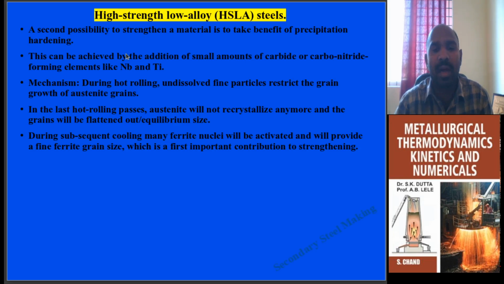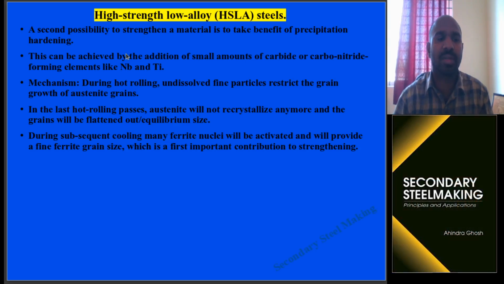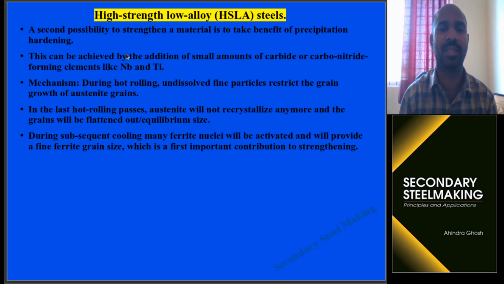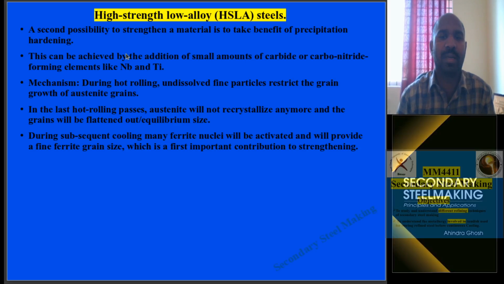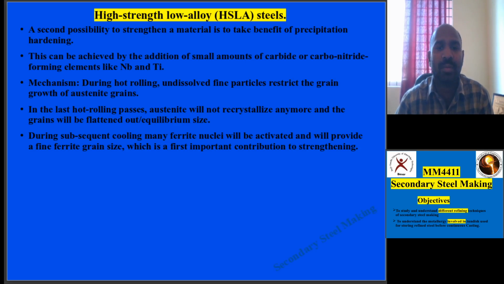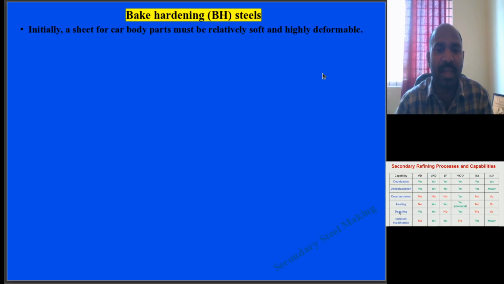Now, thinking of going for the other types of steels, another one is bake hardening steels. Let me speak about the bake hardening of steel. Initially, the sheet for the car bodies should be much soft.